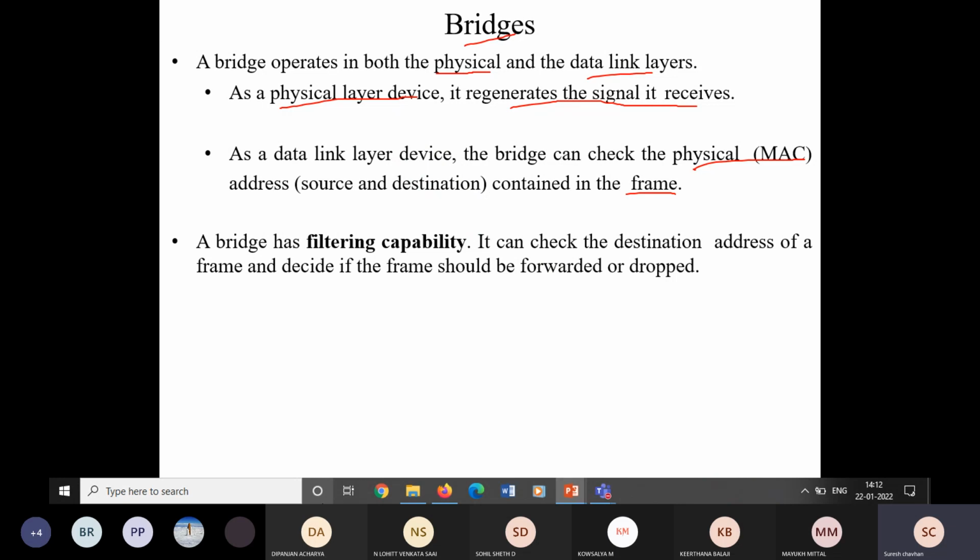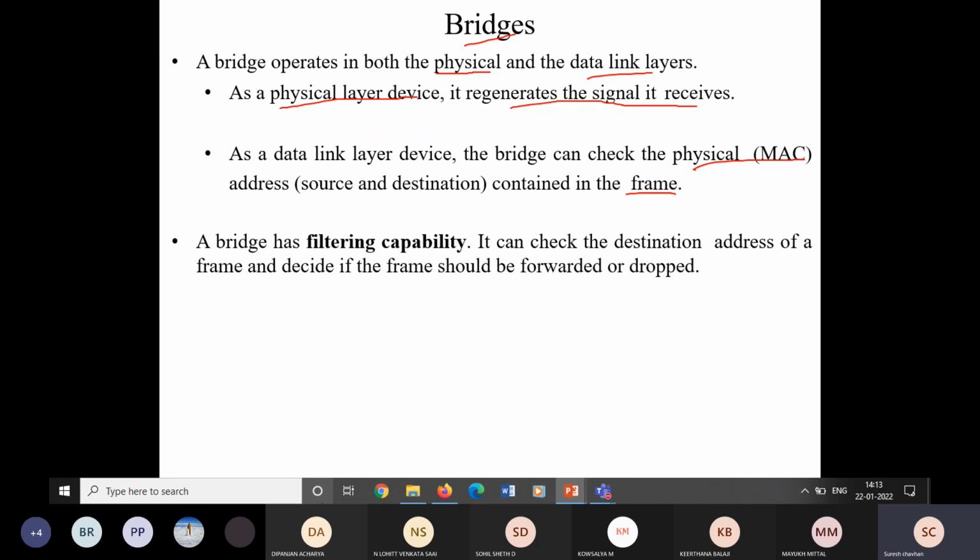The hub will transmit the data to each and every node or device available in a LAN, because the hub did not have the intelligence to detect the source and destination address, correct? Here the bridge has the ability to check the source and destination address, right? As a result, it will send only to the destination mentioned in the frame, right?